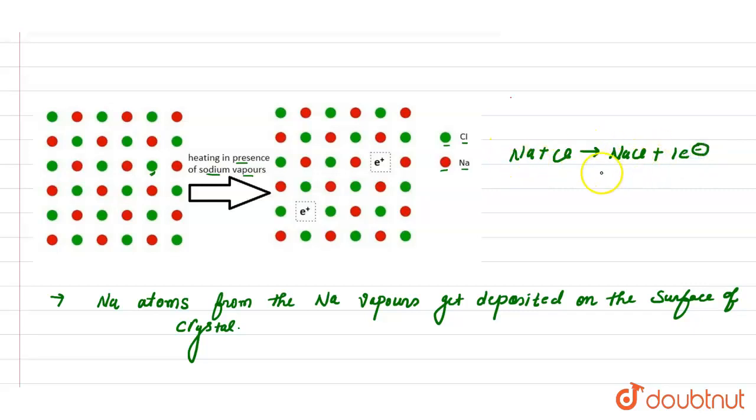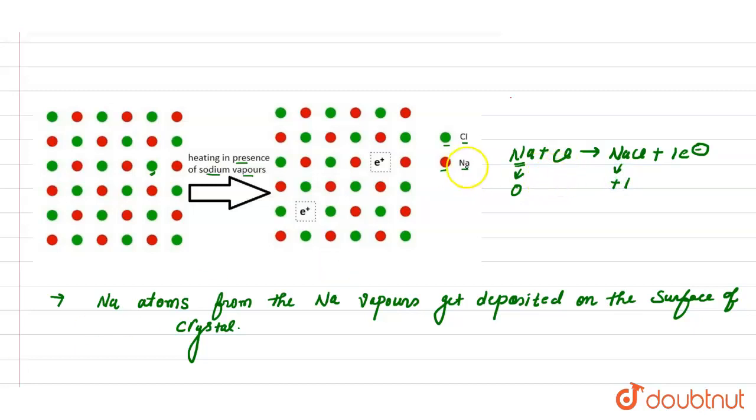This electron is released due to the change in oxidation number of sodium, which changes from 0 to +1.